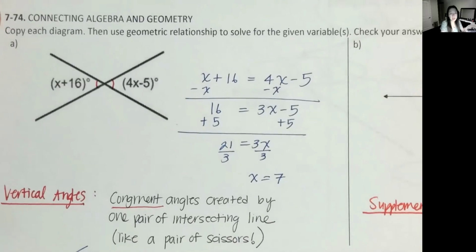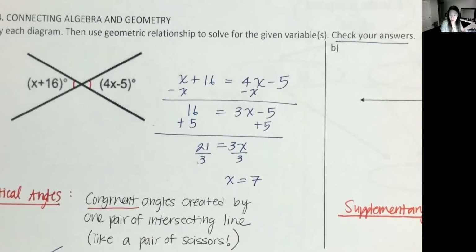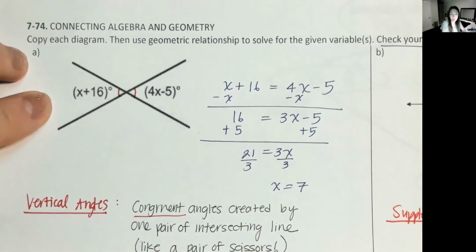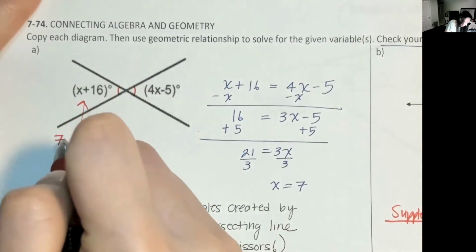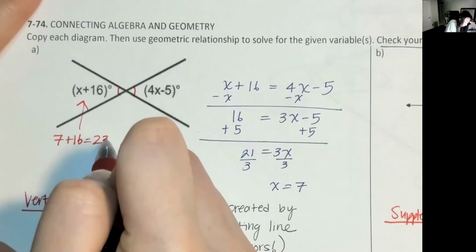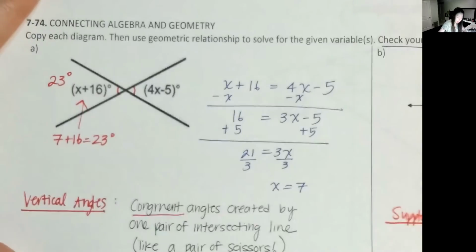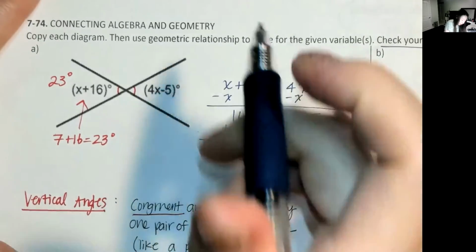Now we're not going to be done here because we are actually going to check our answers. We're going to check to see if these two angles are actually congruent. So we're going to plug in the 7 right here. 7 plus 16 is 23. So it looks like this angle is 23 degrees. And if our answer was correct, that should also be 23 degrees.